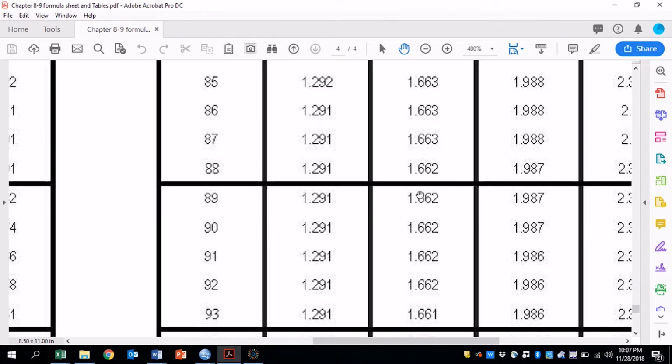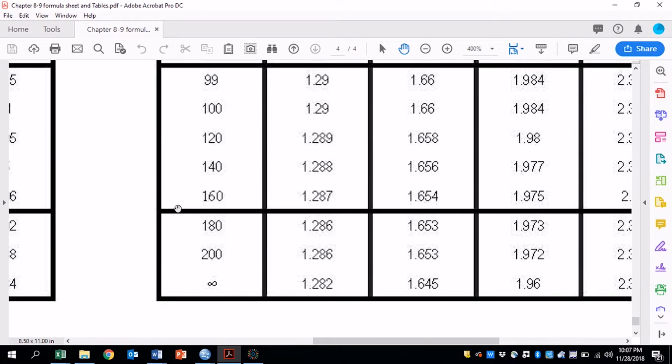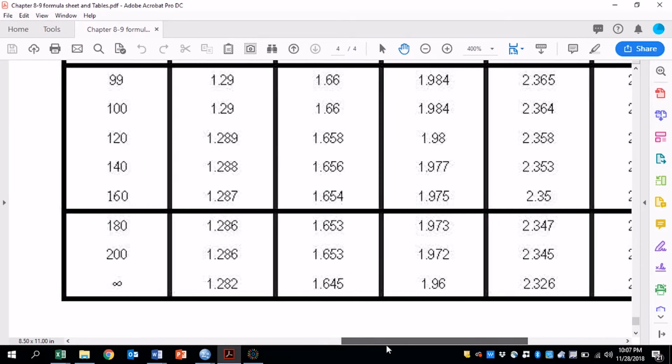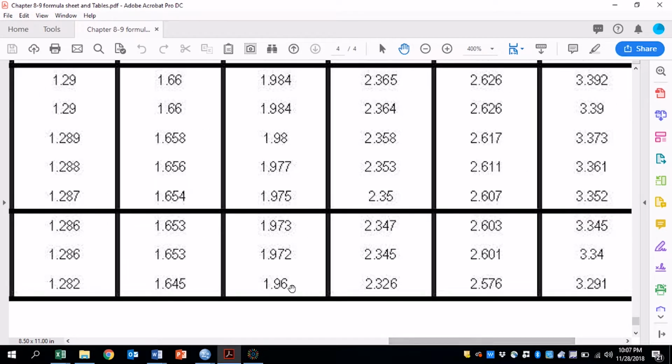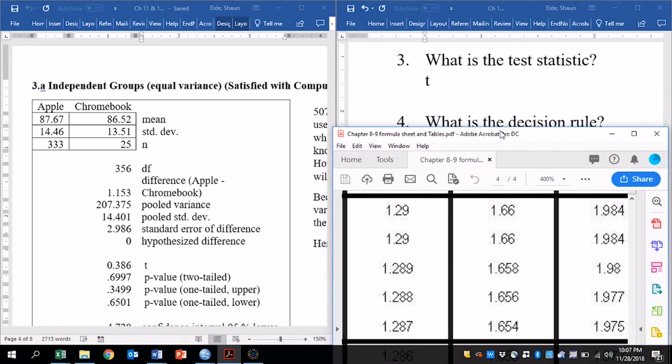You'll see on the left-hand side, we've got the degrees of freedom. Finally it gets to 100, and then it goes to 120, 140, 160, 180, and then 200. And anything beyond 200, it refers to as just infinity. These values down here are identical to the Z values. So you see 1.96, 1.645, 1.282, 2.326. Those are all identical to the Z values.